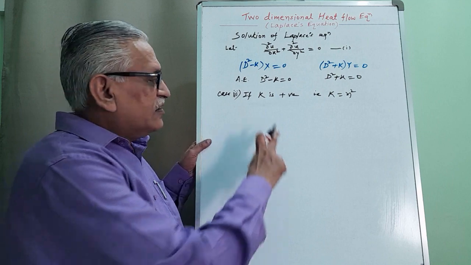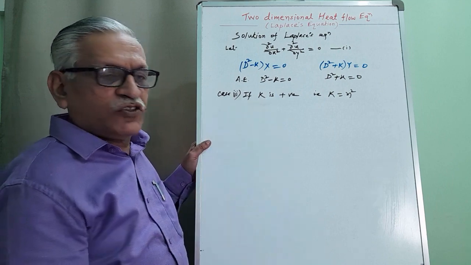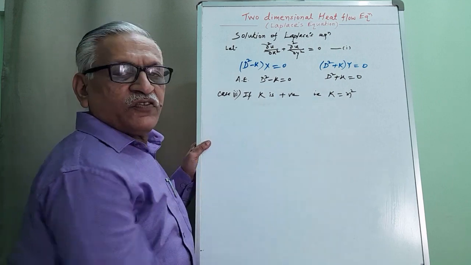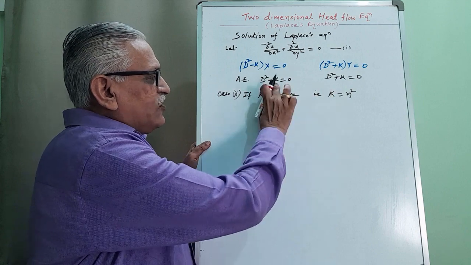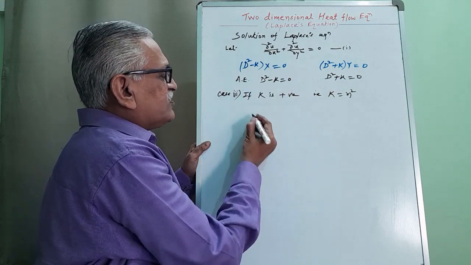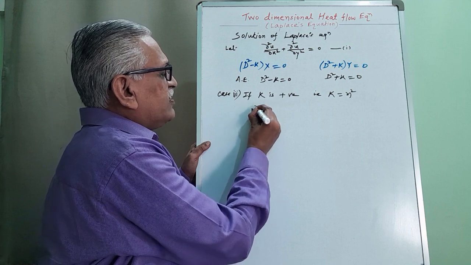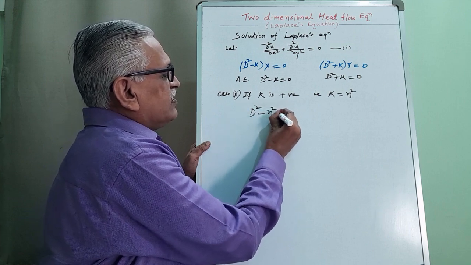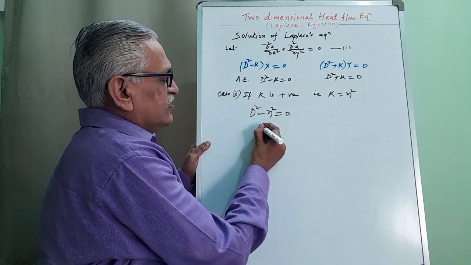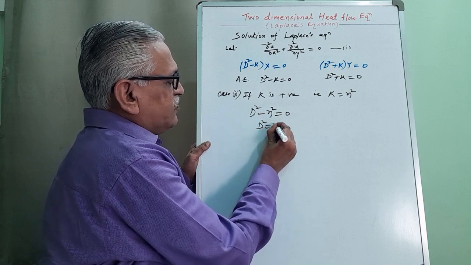Case number third, if the value of k is positive, suppose k equals n square, then substituting that value here, we get the first auxiliary equation as D square minus n square equals 0. That is D square equals n square.